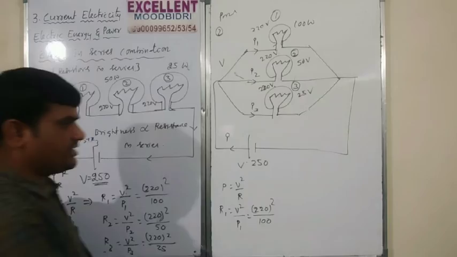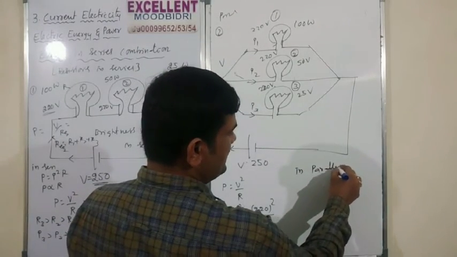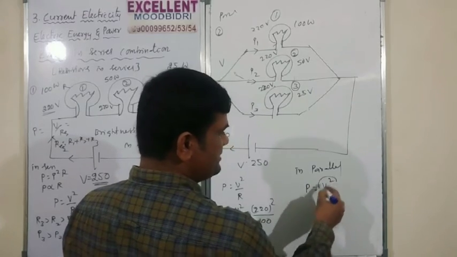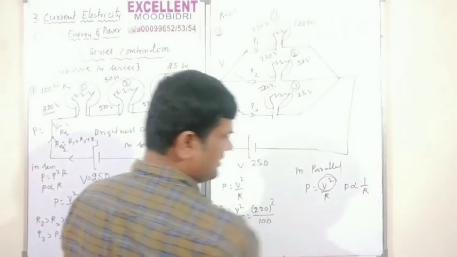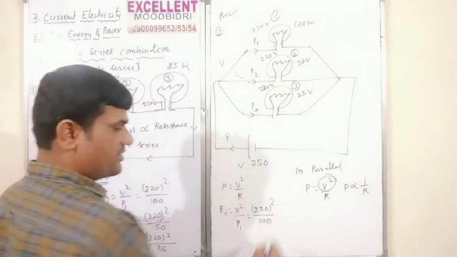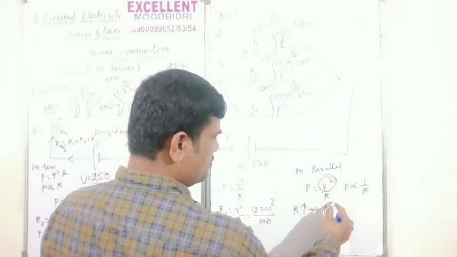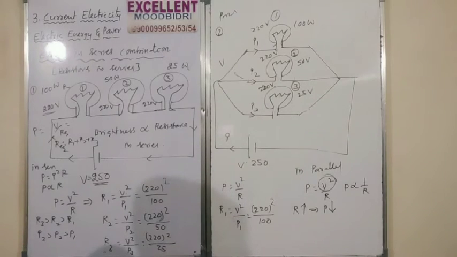So now in the parallel combination, P is equal to V square by R. V is constant, therefore P is proportional to 1 by R. If R is greater, then P is smaller, meaning the brightness is less.